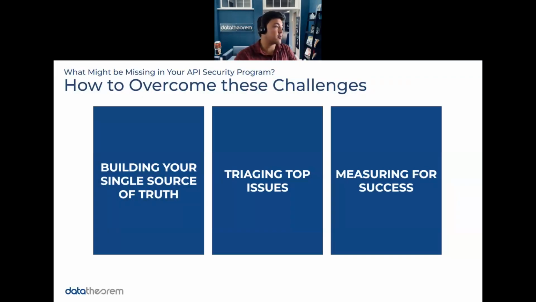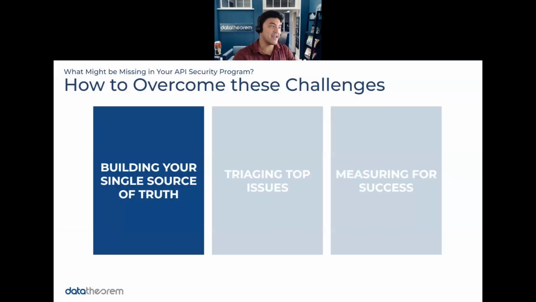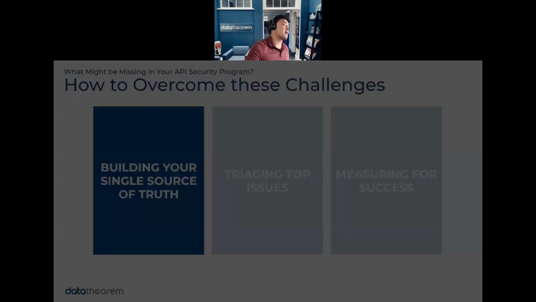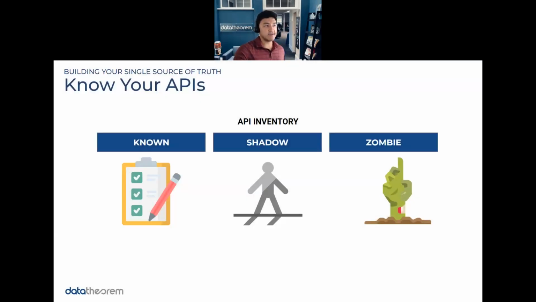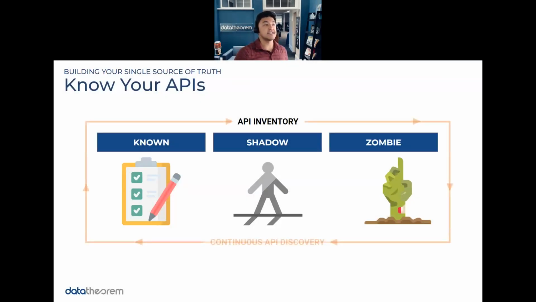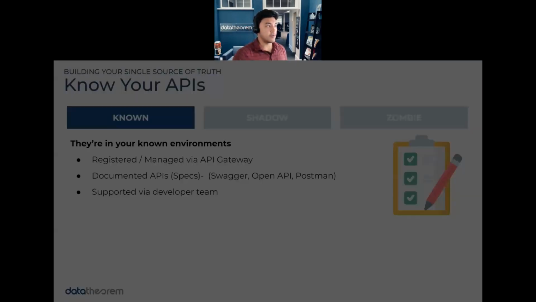The first thing we're going to go over is building out your single source of truth. As I was saying earlier, this is going to be an API inventory, and you want to make sure it's always dynamically updating with all your known and your unknown, which is your shadow and your zombie APIs. First, our known APIs.